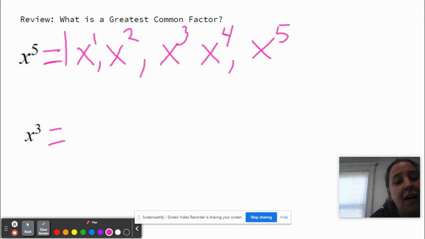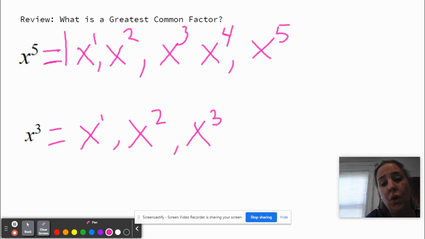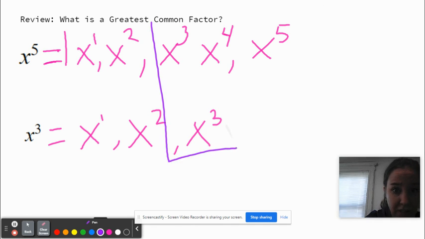And basically the same way, x to the 3rd, x to the 1st is a factor of x to the 3rd, x to the 2nd is also a factor, x to the 3rd. Okay, so common factors would be 1, x, x to the 2nd, and x to the 3rd. So those are the common factors. And the biggest one, the greatest common factor, is x to the 3rd.